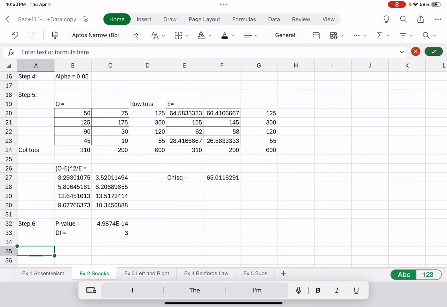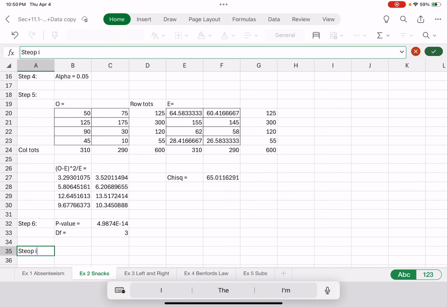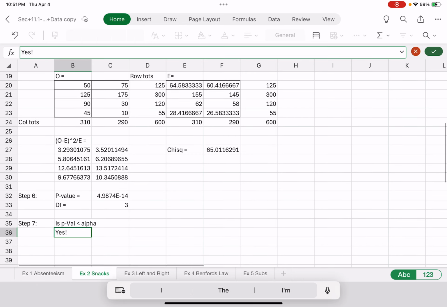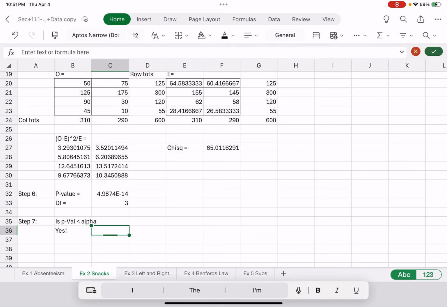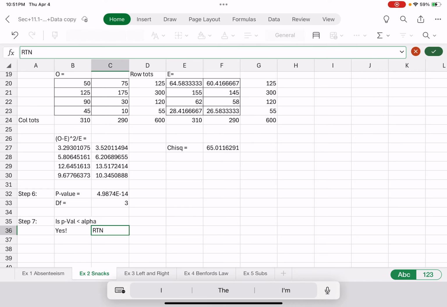So step 7 is, is the p-value smaller than alpha? Is the p-value smaller than alpha? Yes, it certainly is. And so I reject the null.